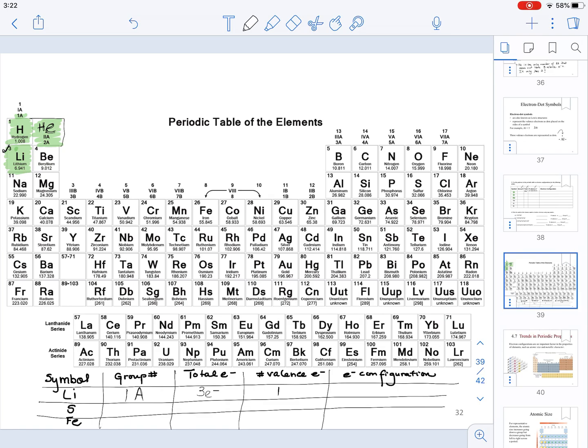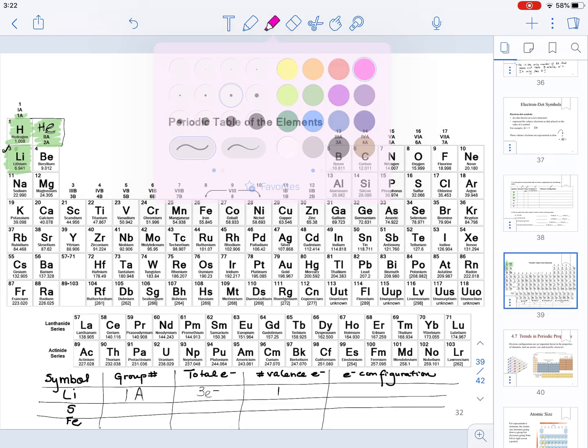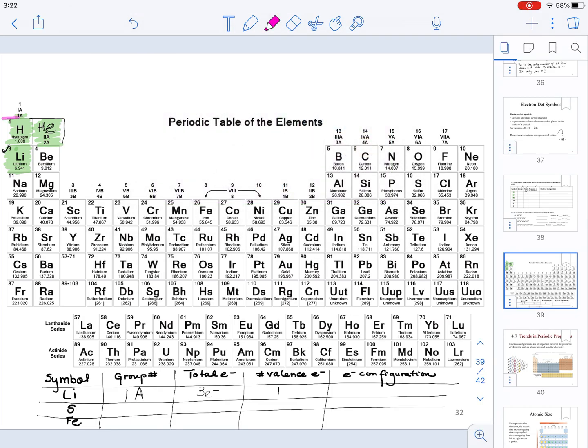So as previously mentioned, the first 2 columns, that is the S block.